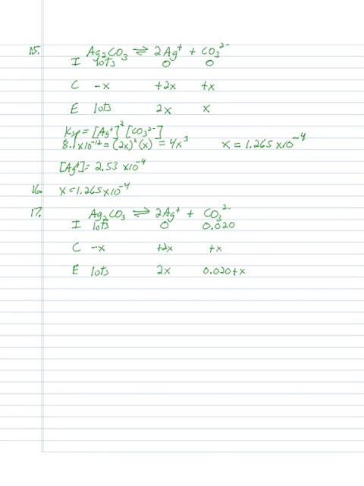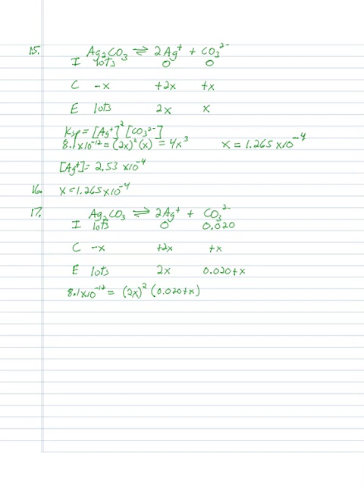Now we plug that into our Ksp. So we have 8.1 times 10 to the minus 12 is equal to 2x, squared, times 0.020 plus x. Now we have a fairly small K there, and remember what a small K means: that reaction goes very little in the forward direction, and that means x is going to be a small value.